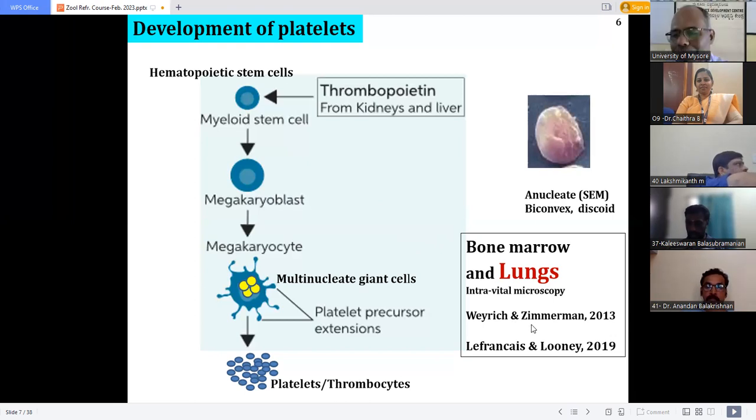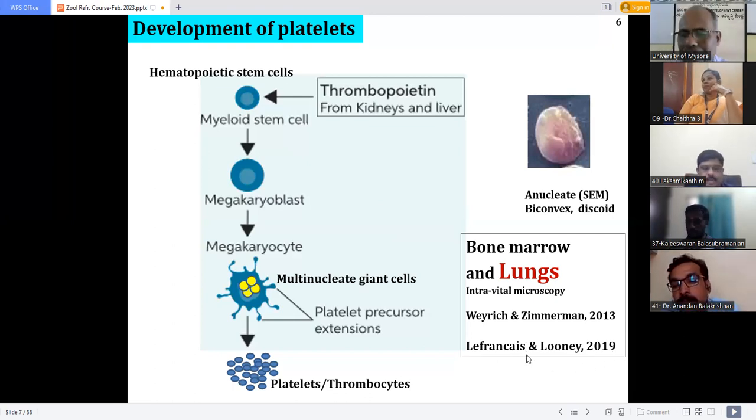Weyrich and Zimmerman in 2013 got the idea of platelet generation in the lungs. And in 2019, this group, Looney and Lefrançais, discovered using an intravital microscopy technique that platelets do form in the lungs.